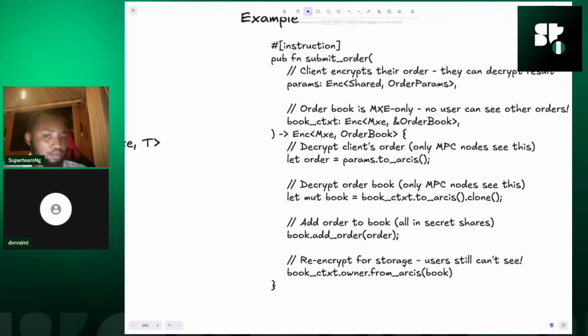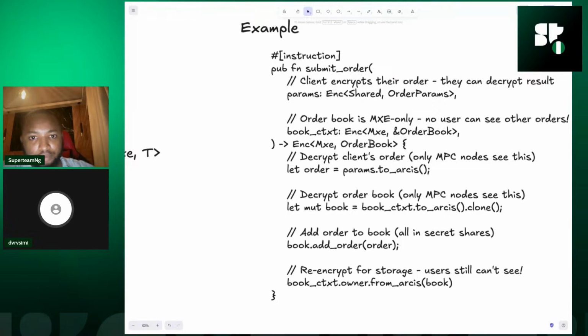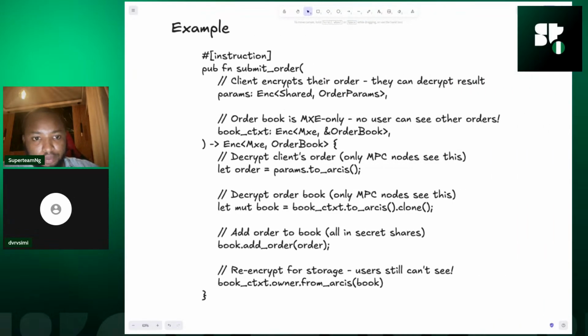Okay. Good. So there's an example here. When you run Arcium init, this macro comes, not automatically, but this is Arcis. Arcis is a framework that Arcium wrote so that you can write your own MPC circuits.